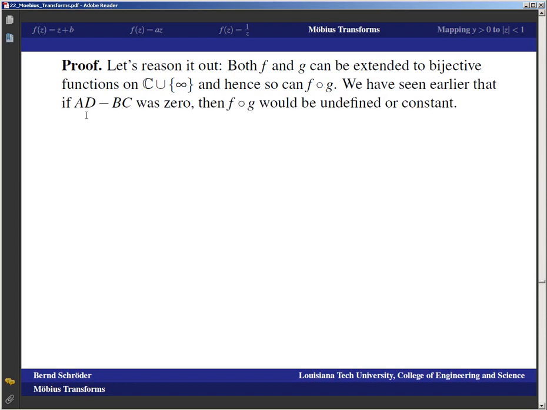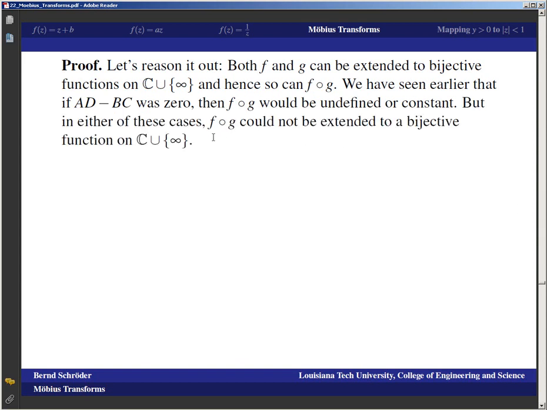We have seen earlier also that if ad minus bc was equal to 0, then the composition would be undefined or constant, and in either of those cases the composition could not be extended to a bijective function on C union infinity. And that means ad minus bc must not be equal to 0. And that means we're done without any further computation, and that is certainly something to rejoice about.